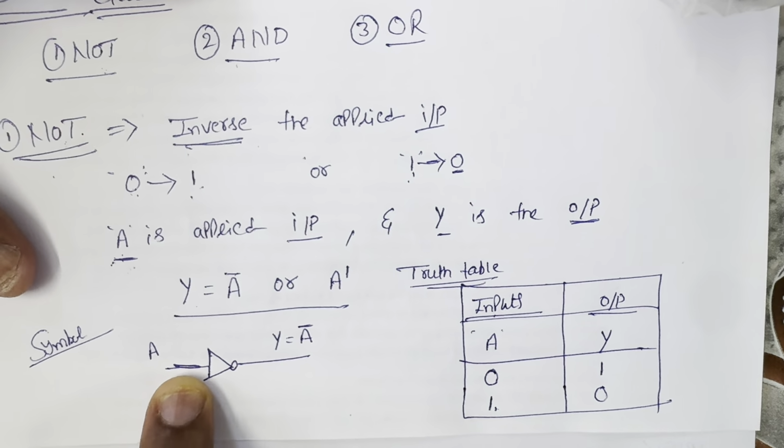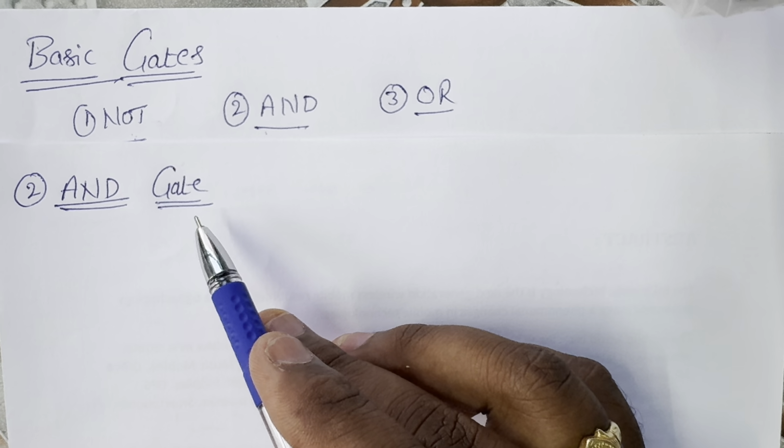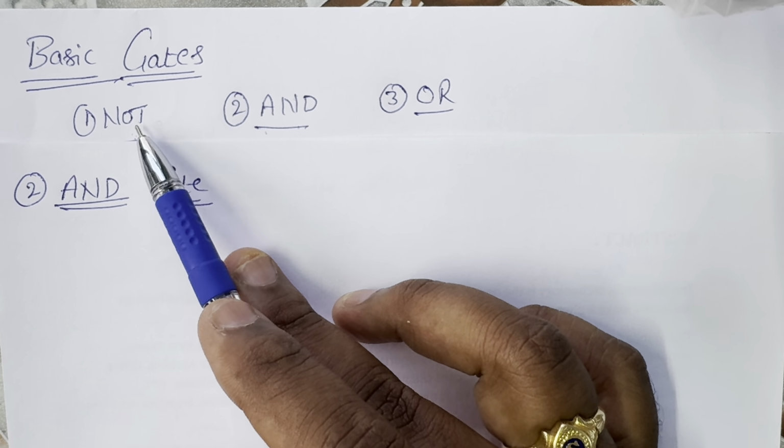Now the second one is the AND gate. The first gate, the NOT gate, is already discussed.